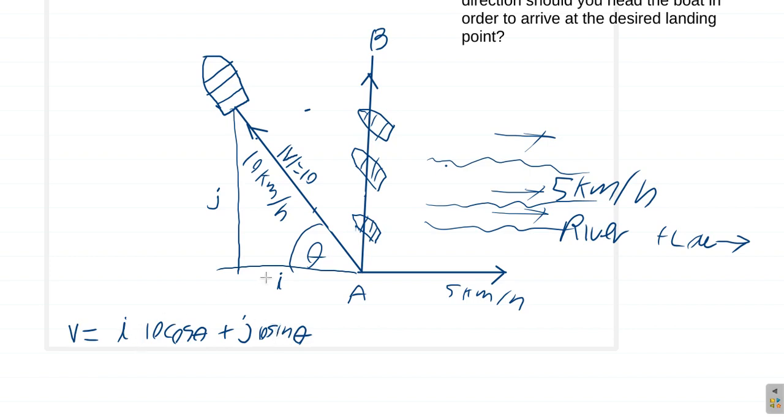Here, the horizontal component is 10 cos theta, the vertical component is 10 sin theta. So if you draw a line like this and measure it, this would have been 10 sin theta, and this line would have been 10 cos theta. So that part is that.